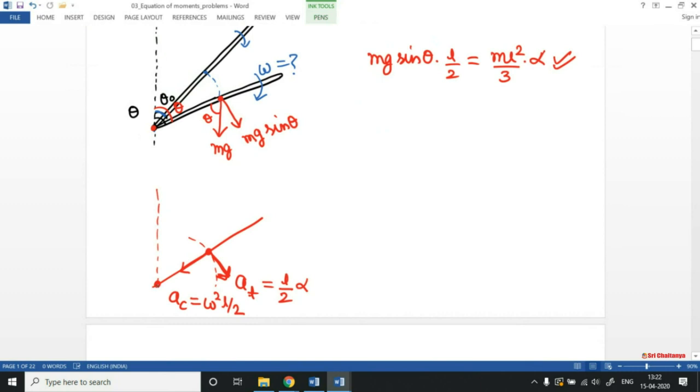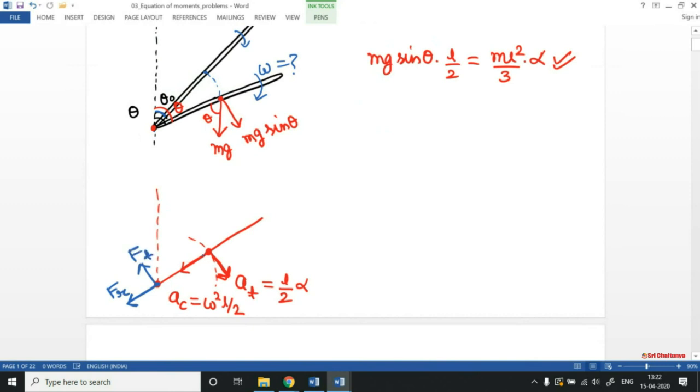So this hinge force will have a radial component, let's say that is fr, and it will have a perpendicular or tangential component, let's say that is ft.